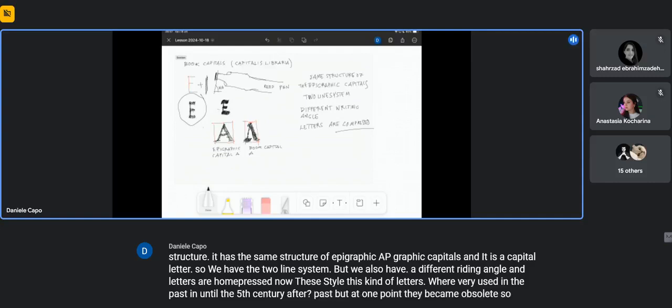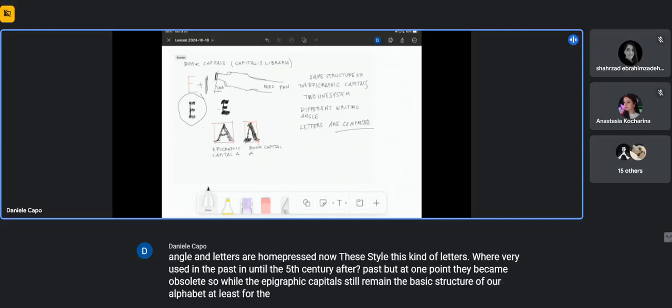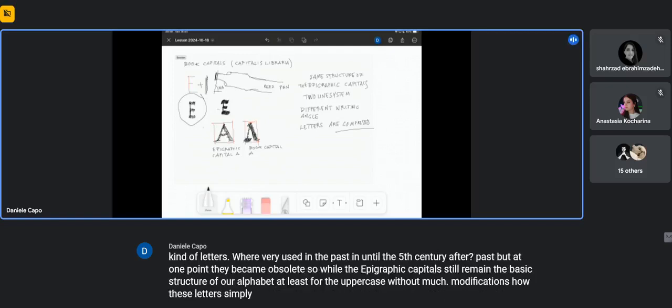So while the epigraphic capitals still remain the basic structure of our alphabet, at least for the uppercase, without much modifications, these letters simply disappeared from our tradition, and they look a bit strange.